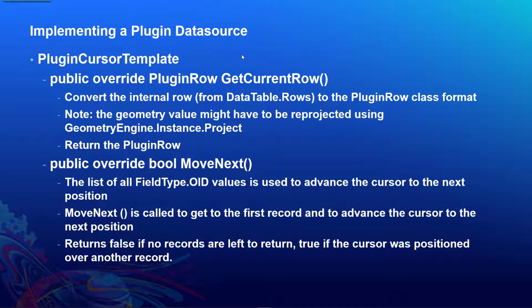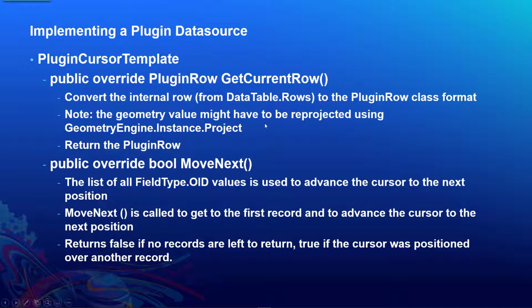And there are two methods we have to update. We have to update the get current row override method. And first we have to convert all internal rows that we have, or just a row that we want to return from our data table rows, into a plugin row class format.